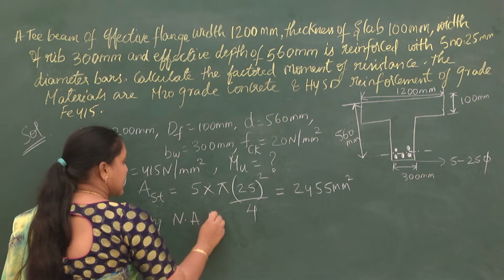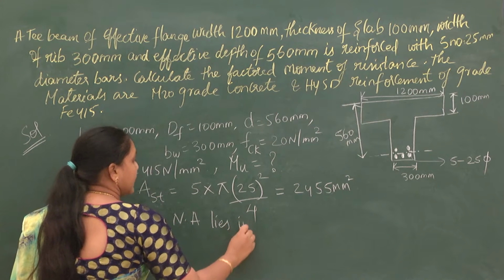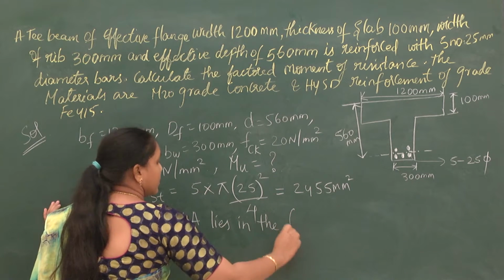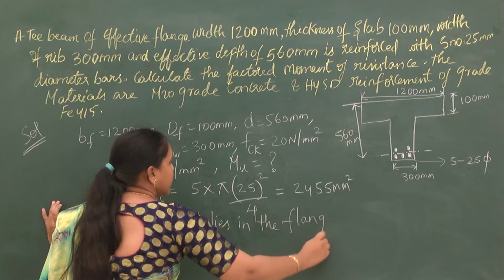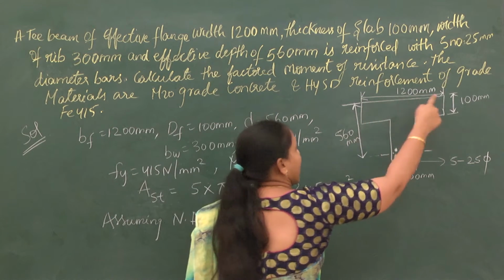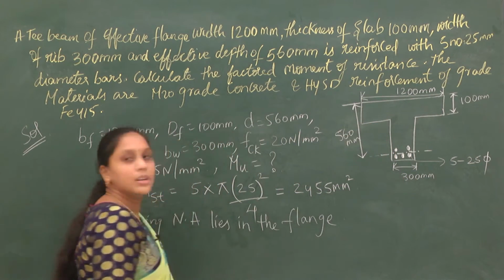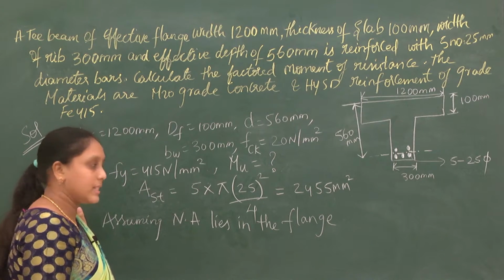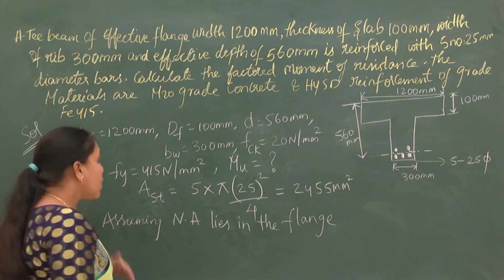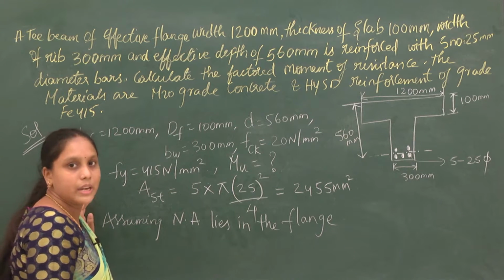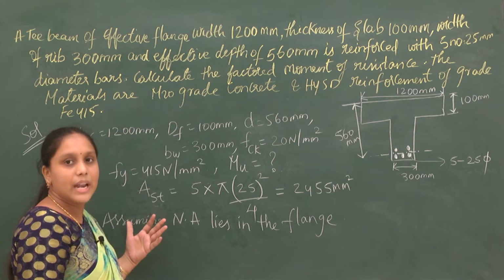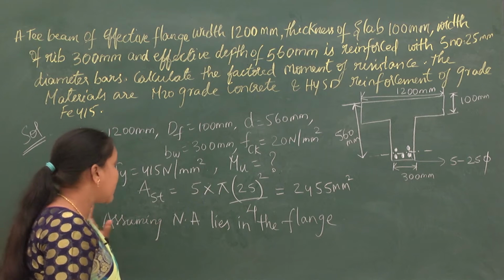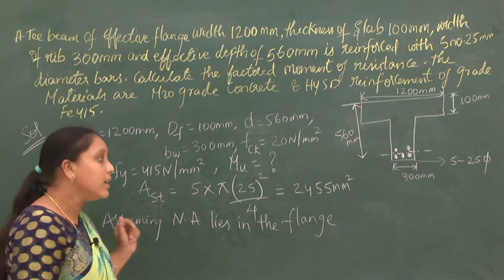So first we are going to assume that the neutral axis lies in the flange, that is, the neutral axis lies within the flange portion, and calculate the neutral axis depth xu. In the previous session we have already seen the equation for calculating the neutral axis depth when the neutral axis lies in the flange.